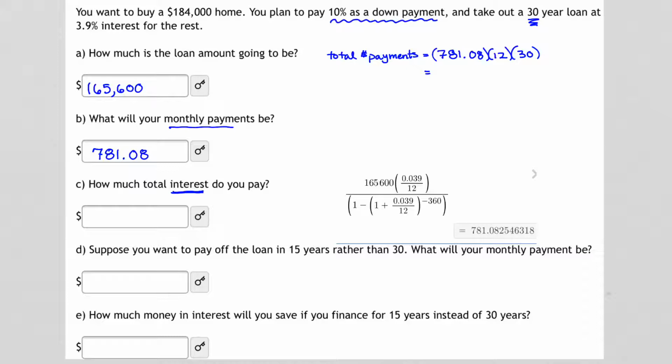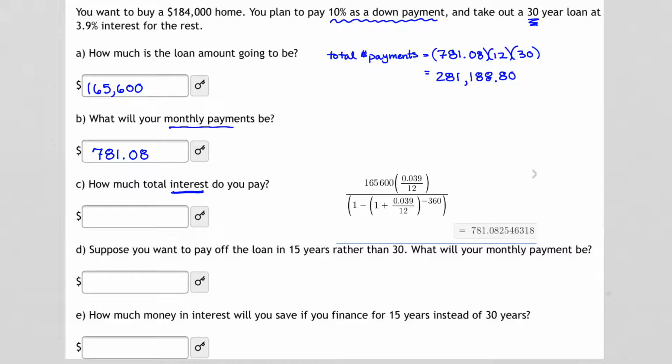That amount, when calculated with a calculator, becomes $281,188.80. That's how much money is being paid. The original loan amount was $165,600.